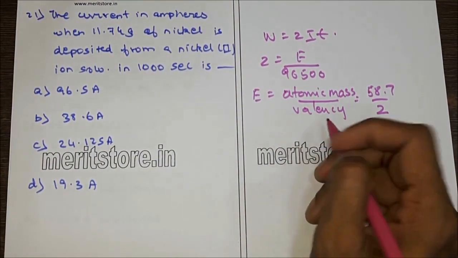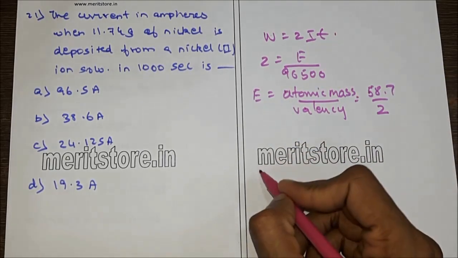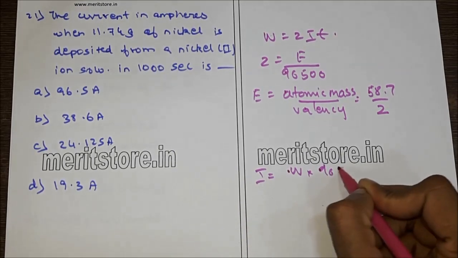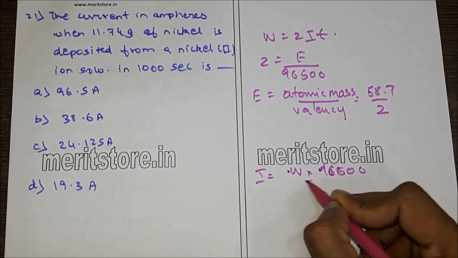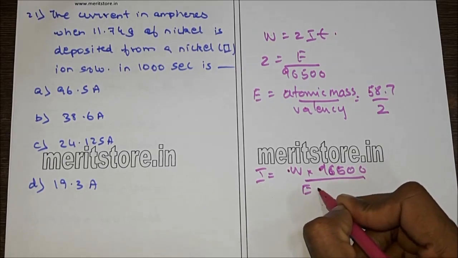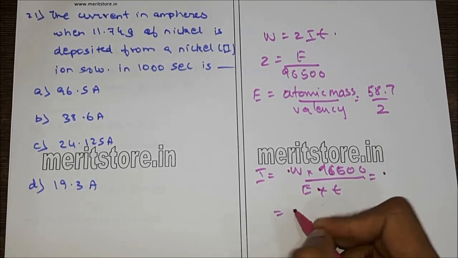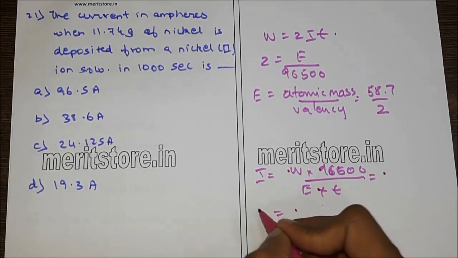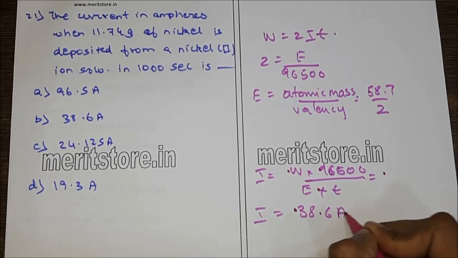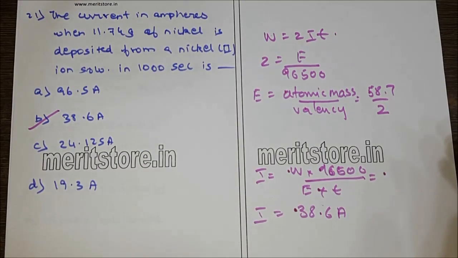Therefore, we can substitute the value of E in the formula. We solve for I, and get I = W × 96500 / (E × t). Substituting the values and solving for I, we get 38.6 ampere, so our answer matches option B. Therefore, option B is the correct answer.